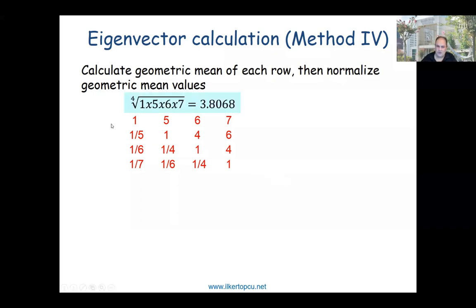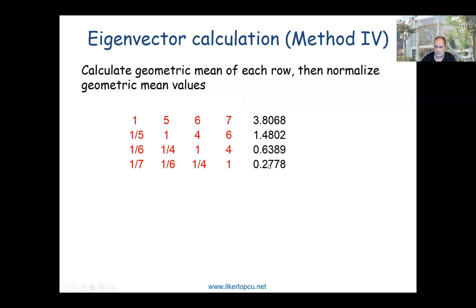For instance, in the first row, we multiply 1 by 5, and then by 6, and then by 7. As there are 4 elements, we get the fourth root. It is 3.8068. We do this operation for other rows also. After calculating all these geometric averages, we normalize them. This is the fourth method.